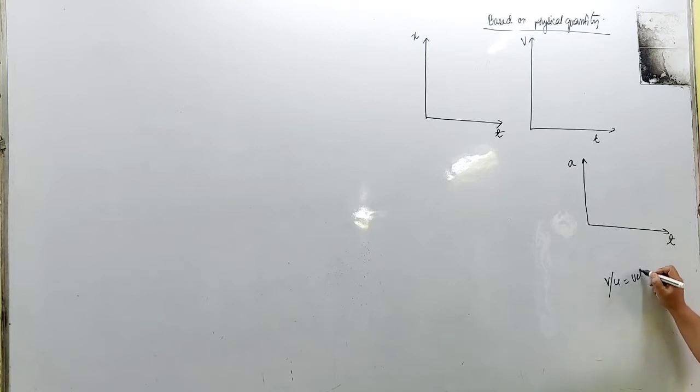We have one physical quantity known as velocity, next acceleration, next displacement s, and time. Altogether we have four physical quantities, and they change with respect to time.